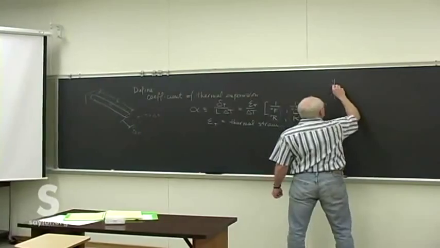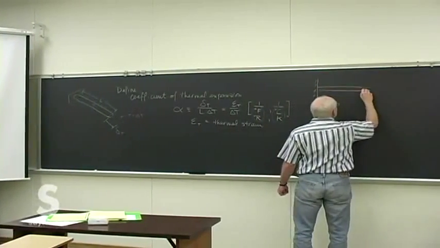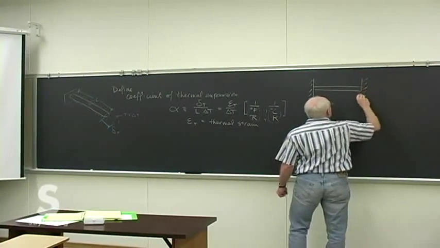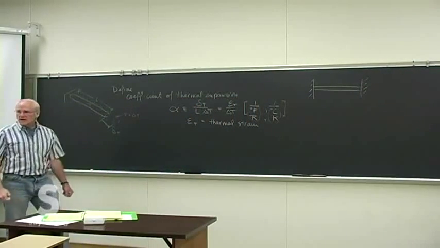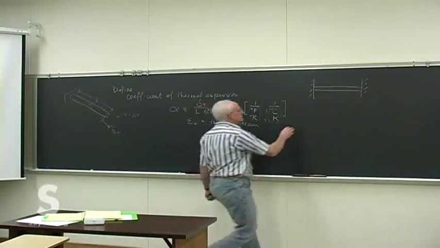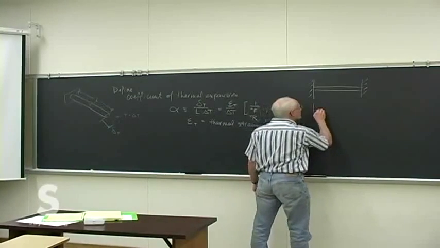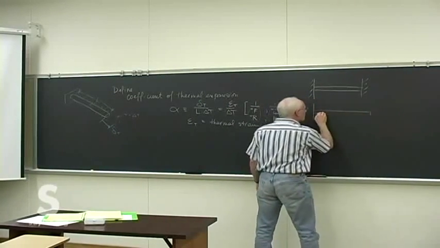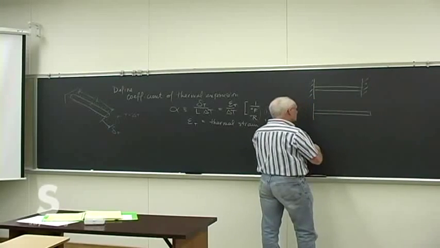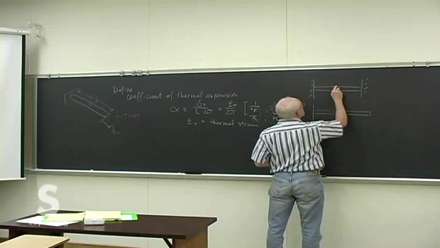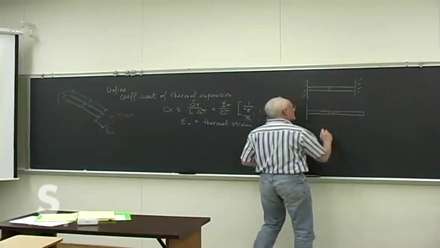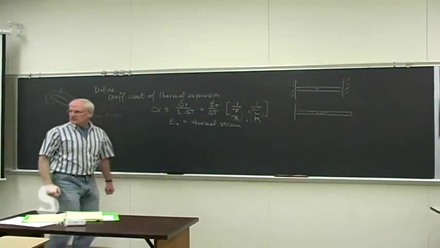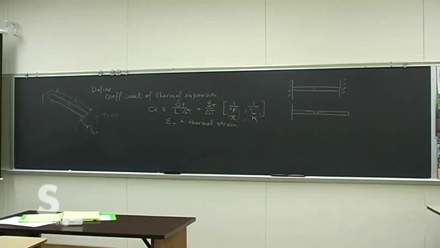So the way it's going to affect us is in ways we've looked at before, where if we have a piece that might be constrained, we imagine first allowing it to lengthen because of a temperature change. And of course, we're assuming all properties are constant throughout the piece.